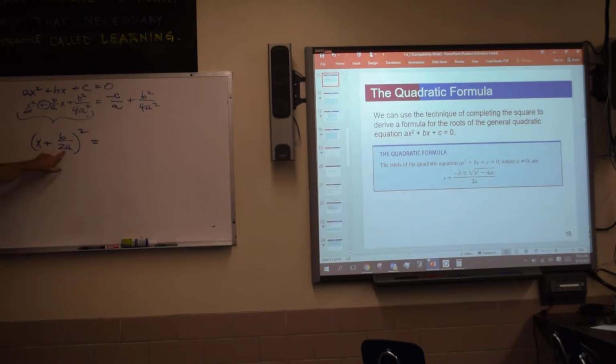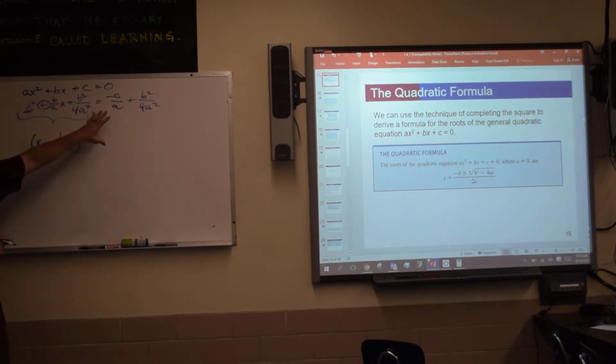Multiply these two things together, so I get bx over 2a, right? We'll double that. Okay. You'll have 2bx over 2a. Well, the 2's are going to cancel out, right? So let's just get bx over a, which is that middle term. And then if you square the last term, you get that. So I do know, working my way backwards, that this on the left-hand side here is exactly the same as this on the left-hand side.